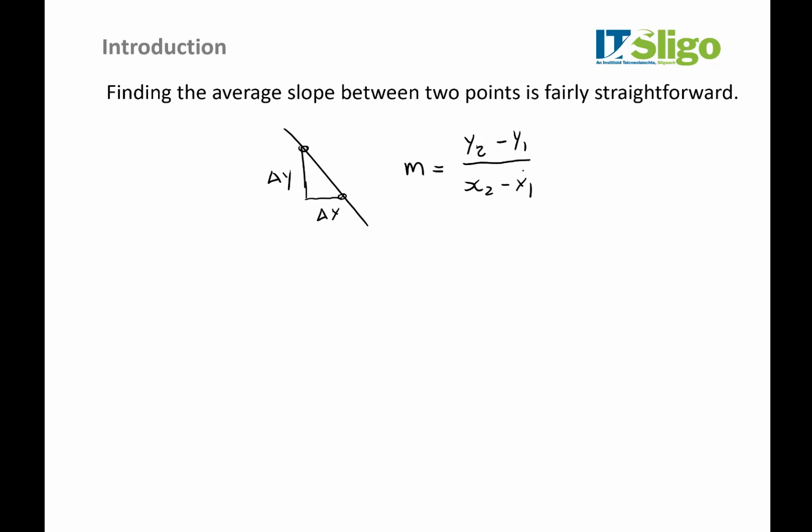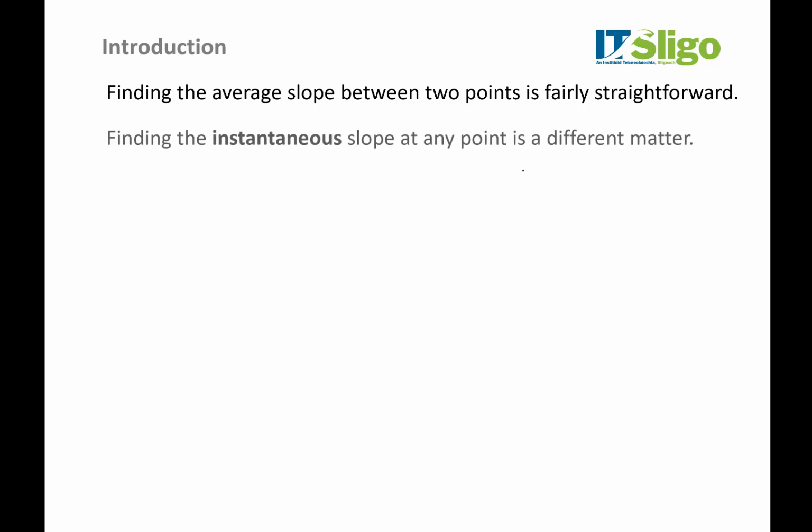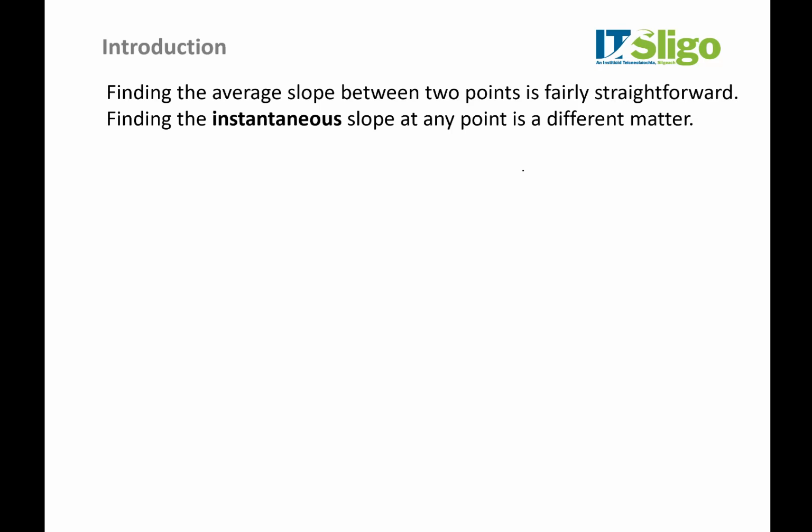However, finding the instantaneous rate of change, so if we're only interested in 1 point, is a completely different matter. And this is what we're looking for all the time. I want to know, if necessary, to 10 decimal places what the slope is at any point on a curve. This is quite tricky.